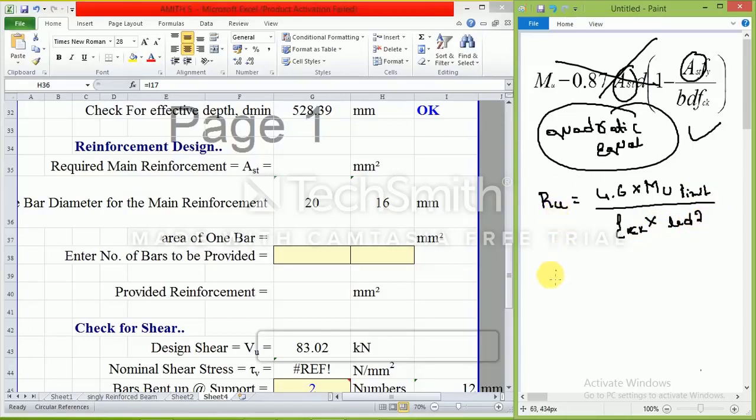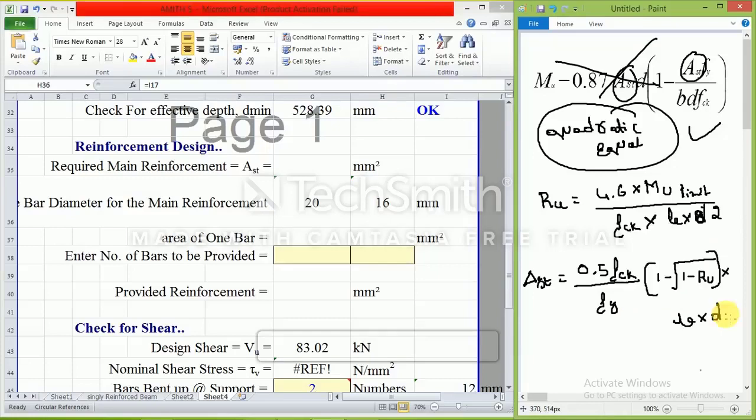By this equation, you are going to get Ru, and to find Ast, I had made one more equation. Ast is equal to 0.5 fck by fy into 1 minus root of 1 minus Ru. Ru is the thing what you had found here, into b into d.